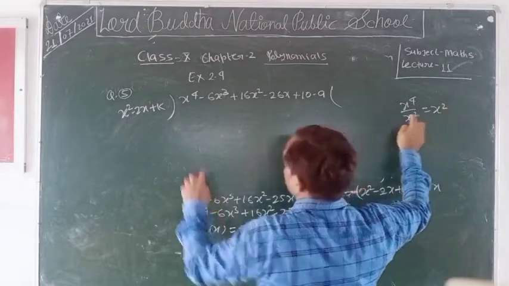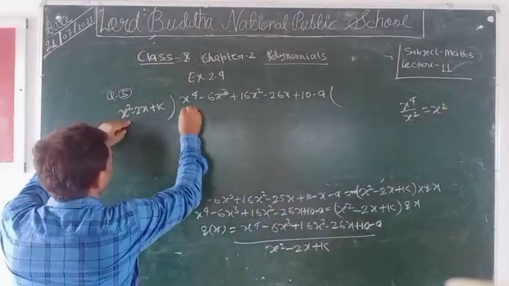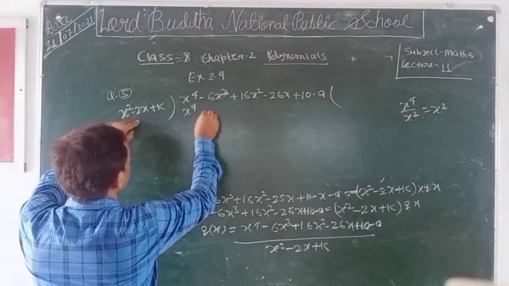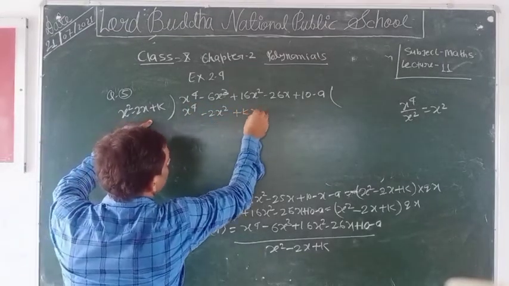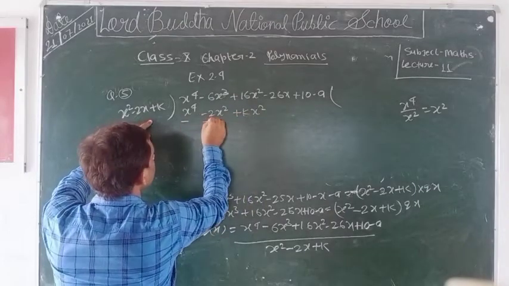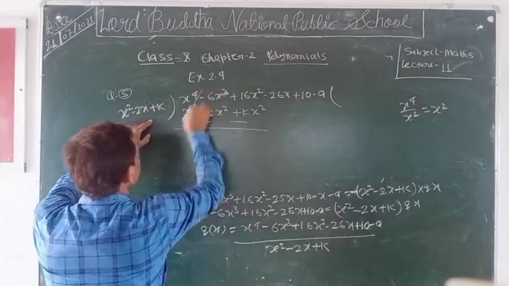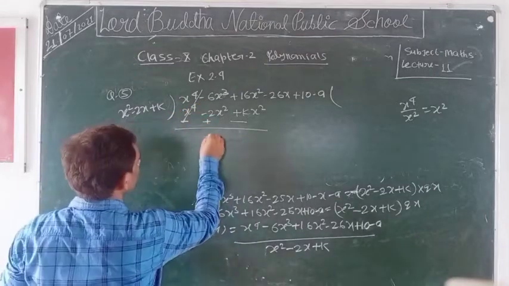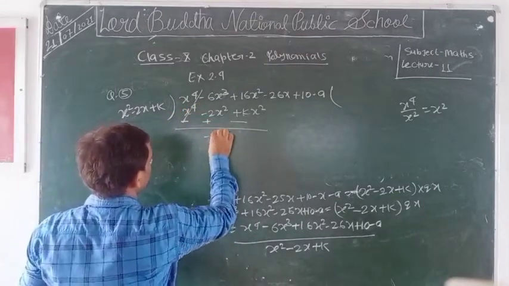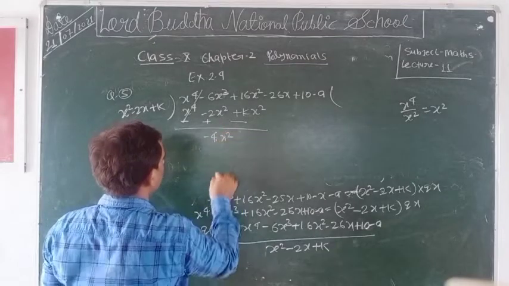We multiply x square to these terms: x power 4 minus 2x cube plus kx square. Here the terms cancel out. So minus 6 plus 2 is minus 4x cube.